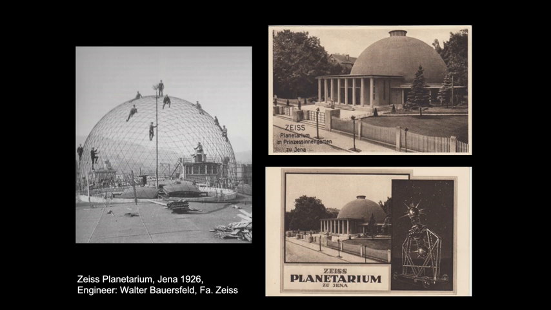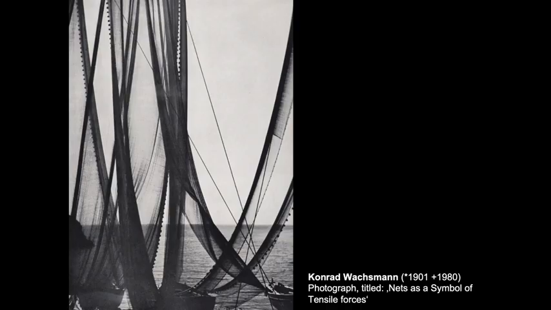You can form the net, as you saw in the image of Konrad Wachsmann, in two directions, in two dimensions. And if you form the network and are capable of fixing it, then you can achieve a very free and new kind of space.